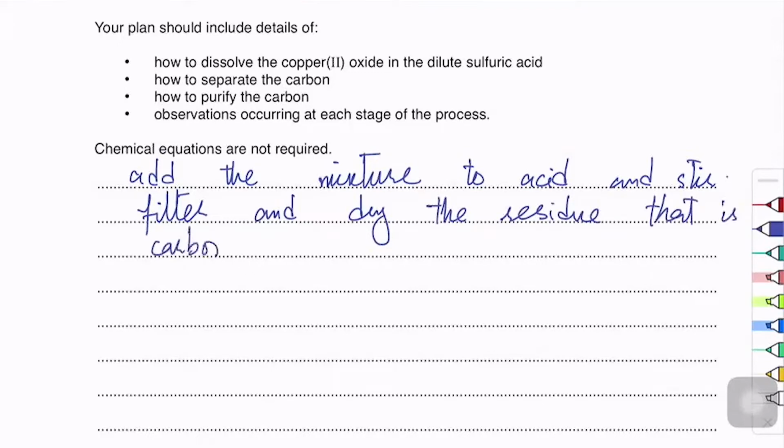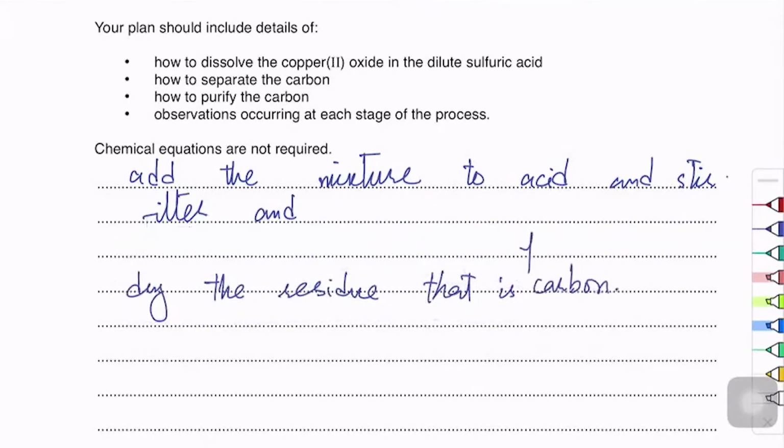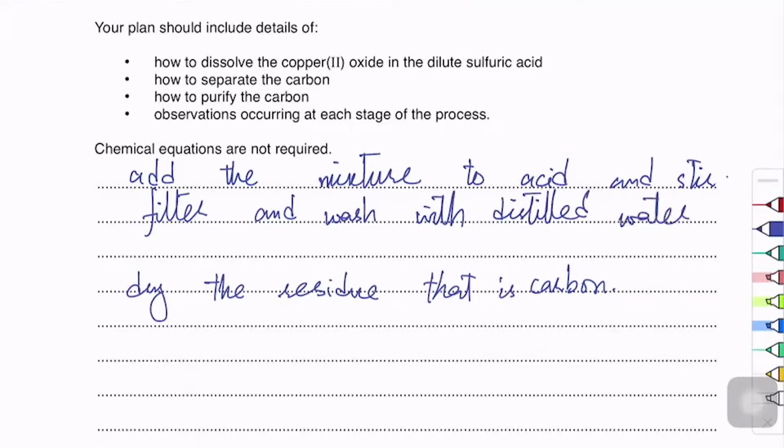Now, before you dry, one thing you should do is filter and wash with distilled water, so that any impurities like copper 2 sulfate, if there is any left over, will dissolve and go away. Now that you've done that, you dry the residue, that is carbon.